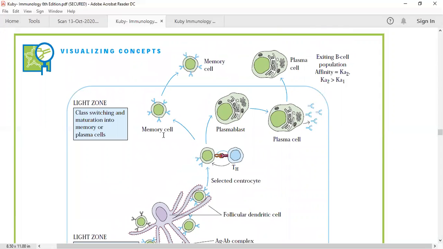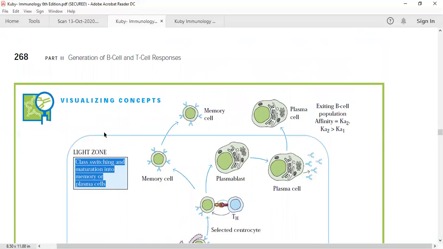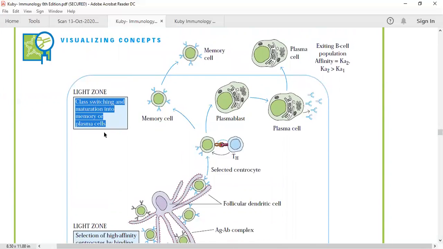That is one case. In the second form, they can make memory cells, which will be stored and will be required when there is a second or subsequent response. All right. Because a large number of antibody molecules are secreted, class switching and maturation into the memory and plasma cell is written. Class switching and affinity maturation both will happen.